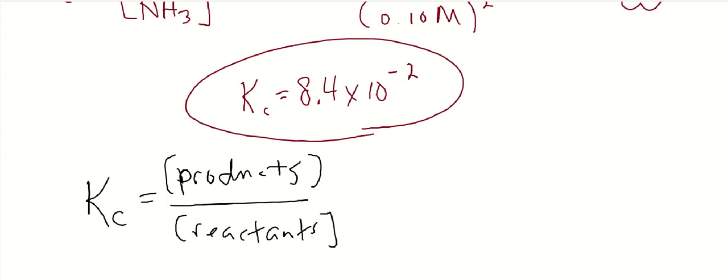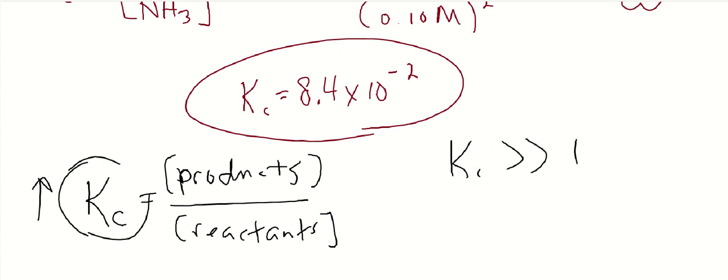So if Kc is big, say much greater than 1, and we're talking like 10 to the third, more than 1,000, then it's going to heavily favor the products.